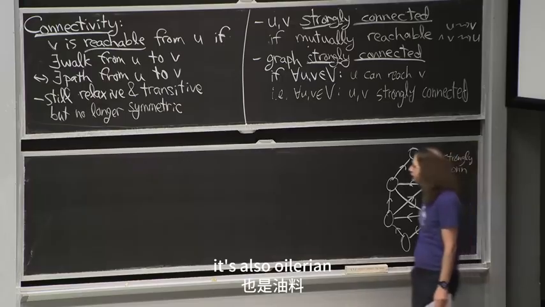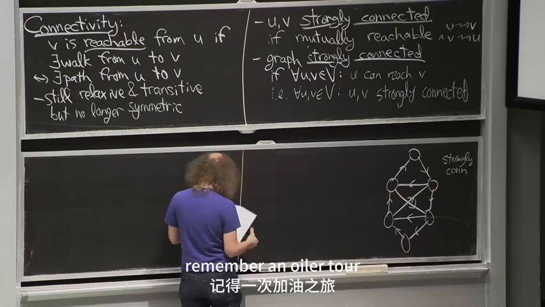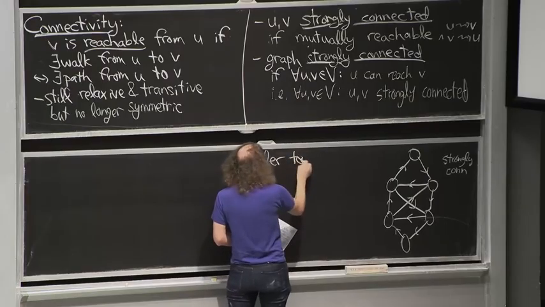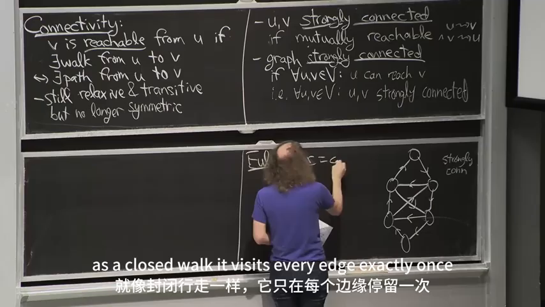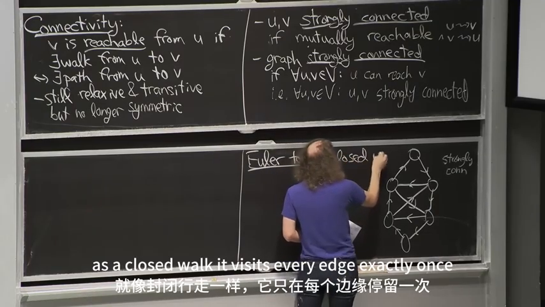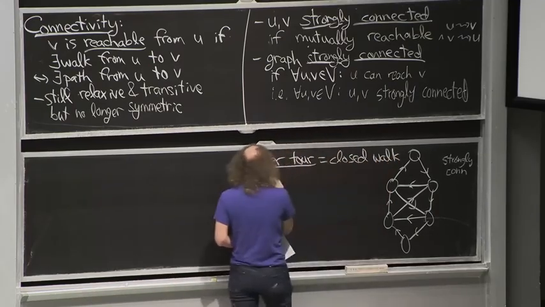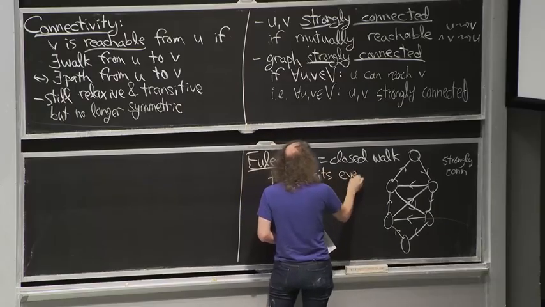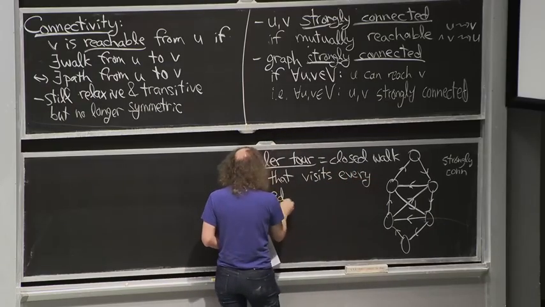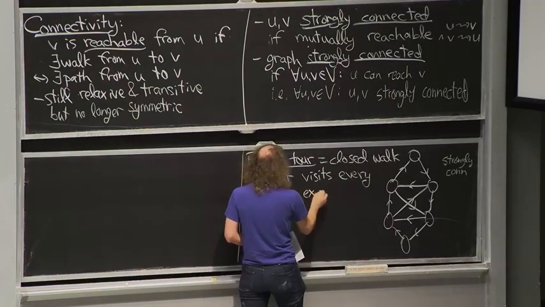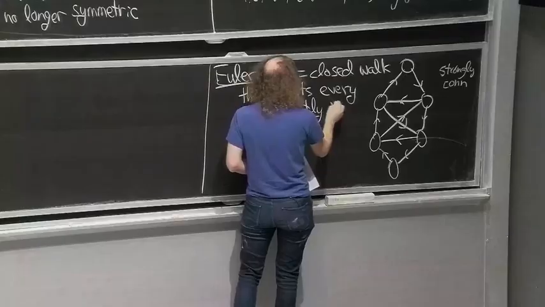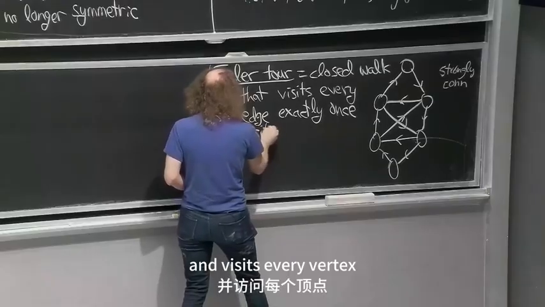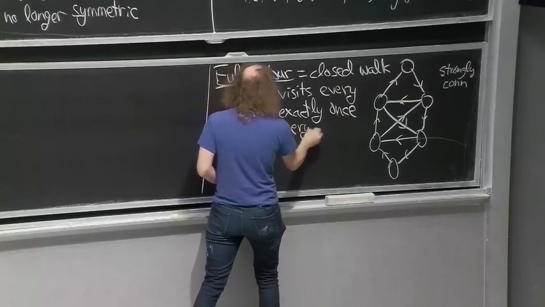It's also Eulerian. So remember, an Euler tour was a closed walk. It visits every edge exactly once, and visits every vertex at least once.